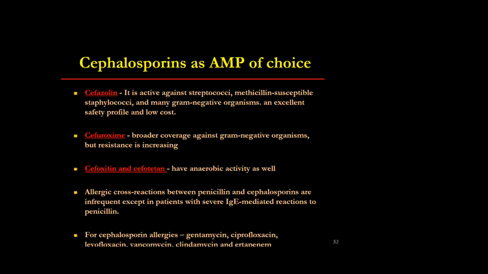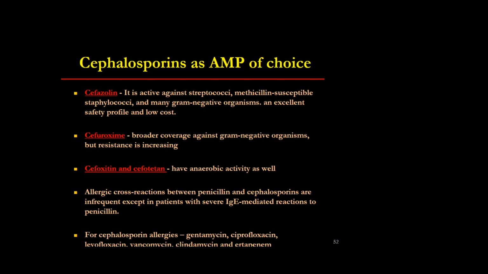So cefotaxime is used when you want broader coverage against gram-negative organisms, but of course resistance is increasing, so this is not generally the first choice. Cefoxitin and cefotetan have anaerobic coverage as well, so they might be preferred. Just a point which I came across, so I thought I would share it: cross reactions between penicillin and cephalosporins are actually infrequent.